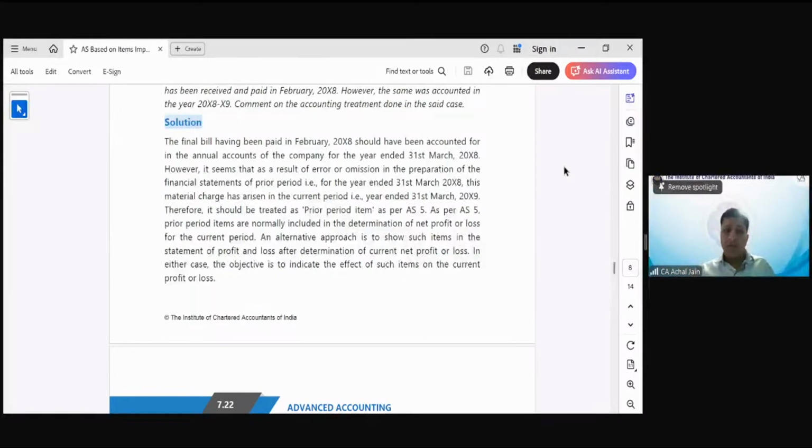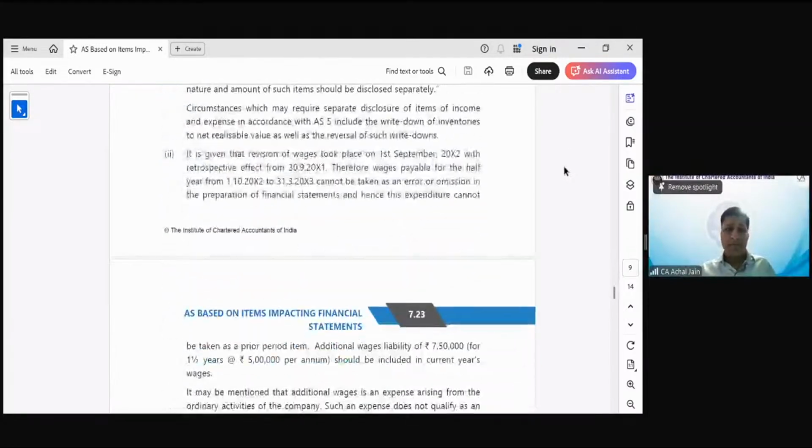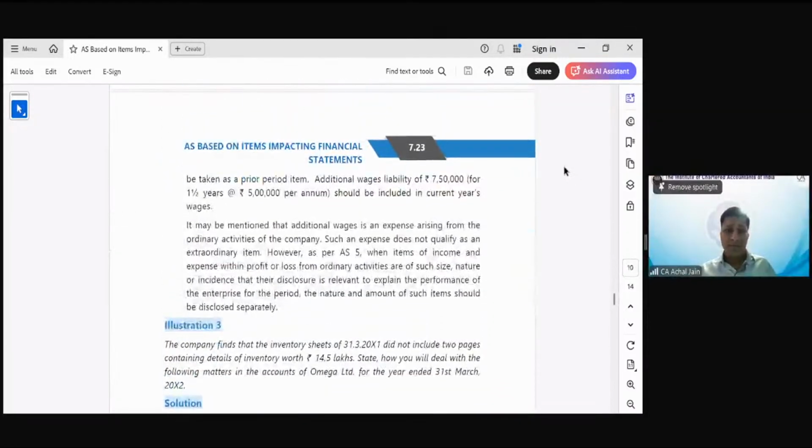All right. So let's look at one more example. Company finds that the inventory sheets of 31st March X1 did not include 2 pages containing details of inventory worth rupees 14.5 lakhs. How will you deal with this matter in the accounts of Omega Limited for the year ended 31st March X2? Okay, so for the reporting year ending 31st March X2, you need to comment.